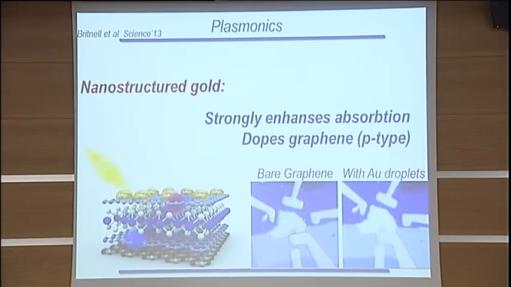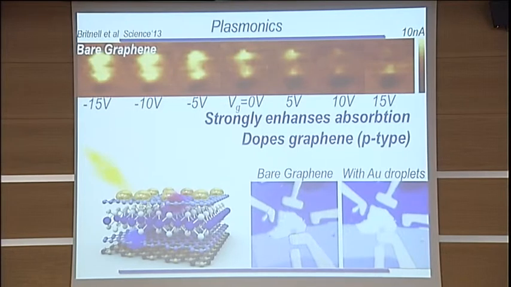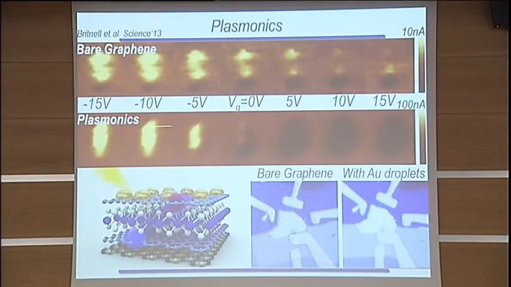And here we have an example of a bad device with not much photoresponse. However, as you put the plasmonic nanostructure, the photoresponse increases, and notice the tenfold increase in the scale here as well. And I'll probably finish here.